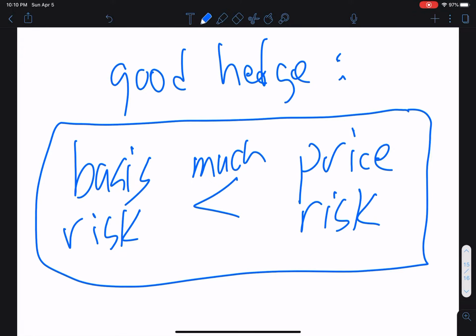The last video ended where I had made the point that a good hedge is when the basis risk is much less than price risk. It's a very important thing to keep in mind because remember, hedgers are trying to control price risk, and they hedge with futures to do that, but when they use futures, they take on this idea of basis risk.